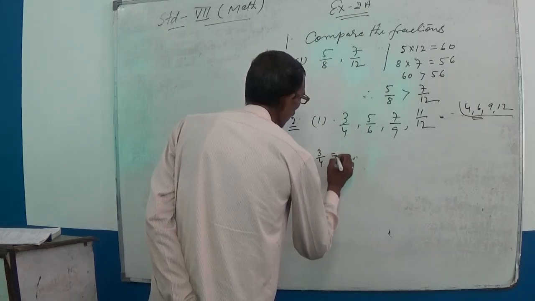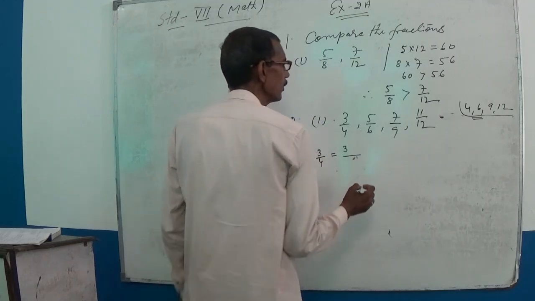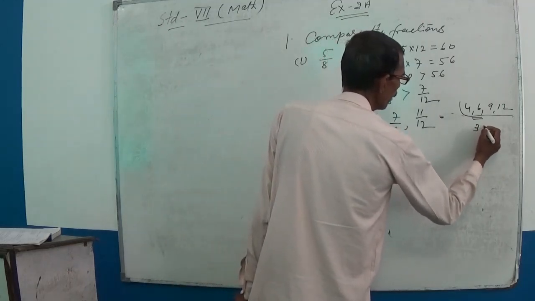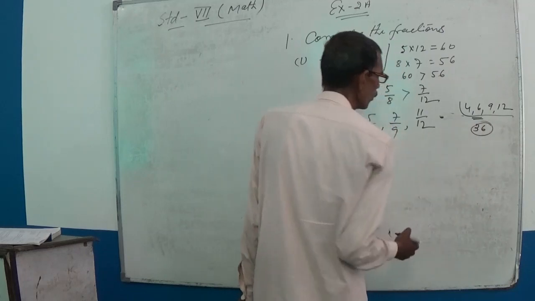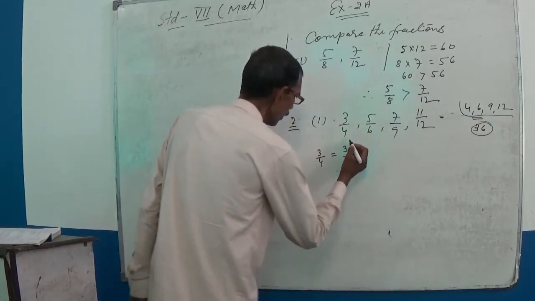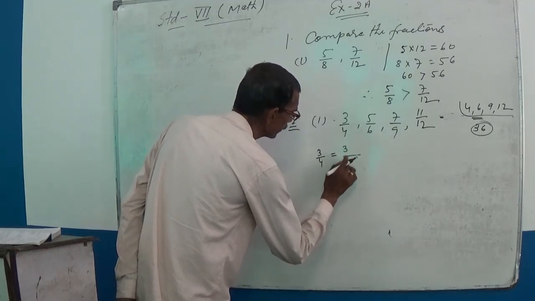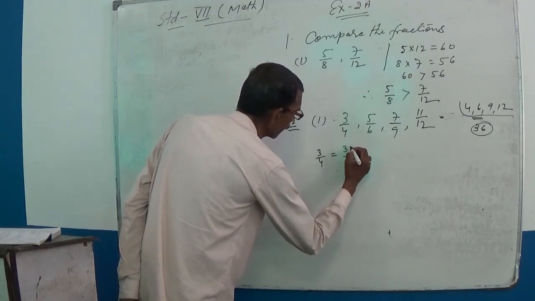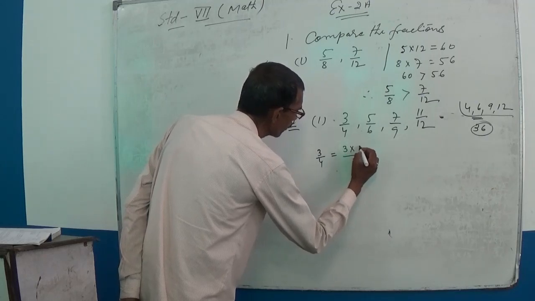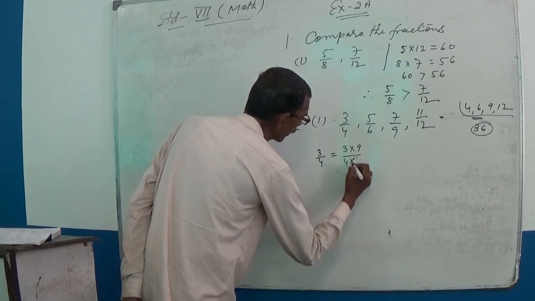3 by 4 is equal to, now change the denominator to 36. How can you change 4 to 36? Multiply numerator and denominator by 9: 3 into 9 by 4 into 9.